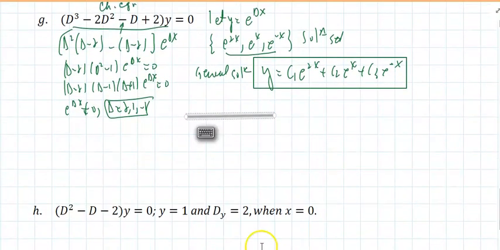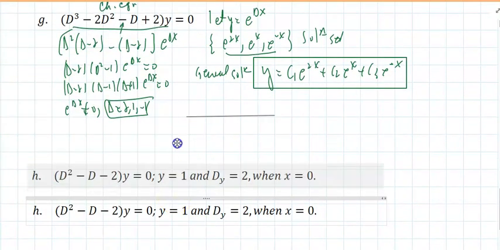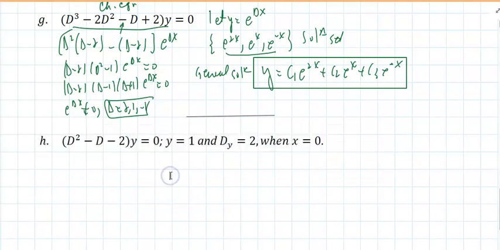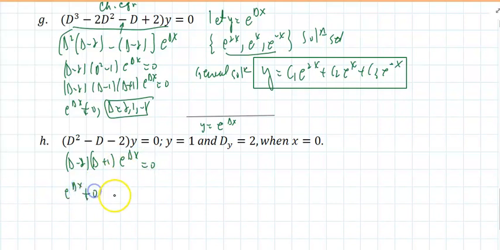Almost done. How about here? Well, here we know the drill. We know they let y equal e to the dx. That's how they got this. And we know this is really (d minus 2)(d plus 1) applied to y. Well, y is actually e to the dx. That's how they get the d. We know e to the dx cannot equal 0.